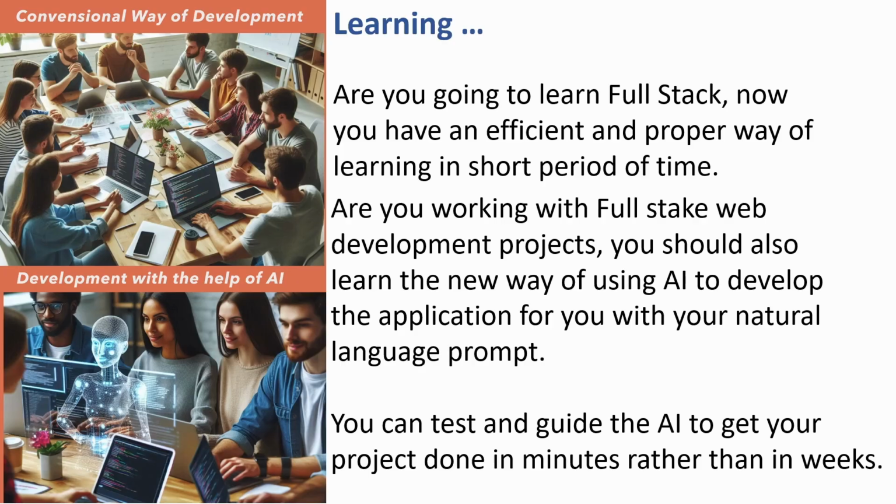Then once it is developed, you can test and guide the AI to get your project done in minutes rather than weeks. It is another important benefit we get by using artificial intelligence as an assistant. Initially it may take a week or months to develop an application. Now it can be reduced to a day or hours because of artificial intelligence.